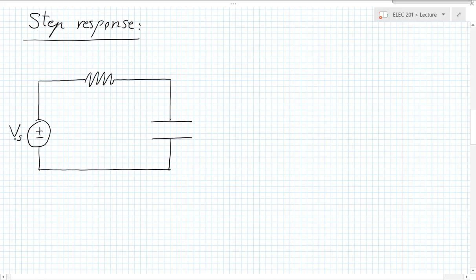So we have a source here, a resistor, a capacitor.